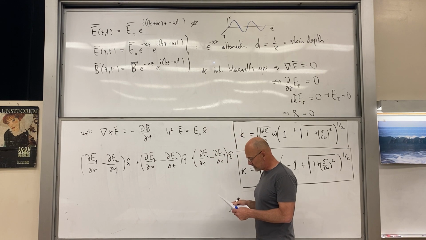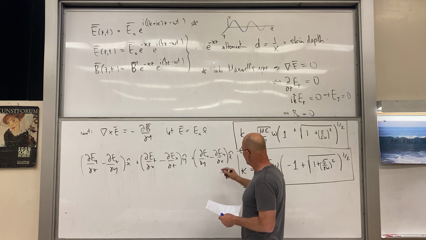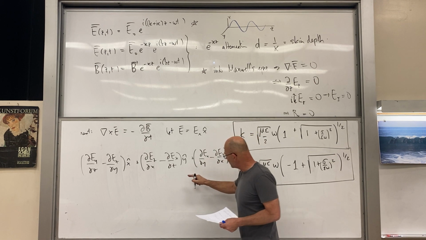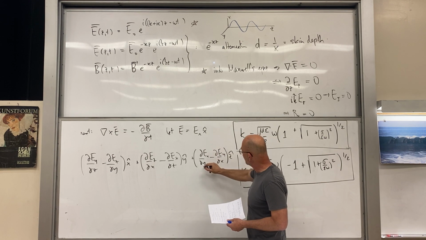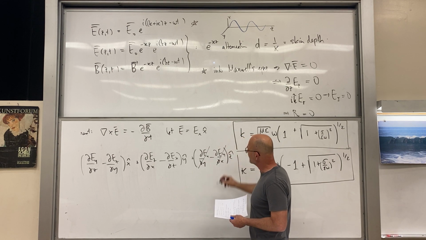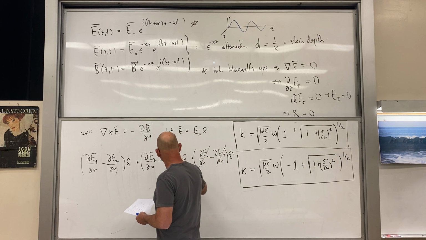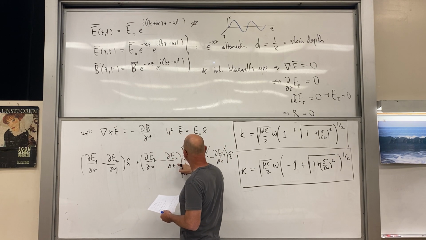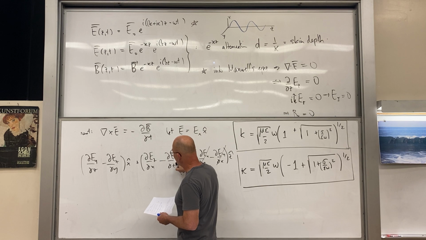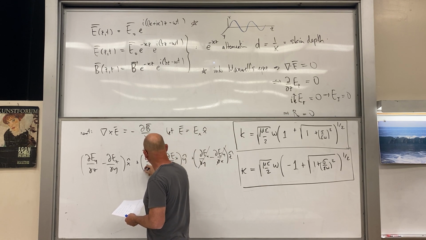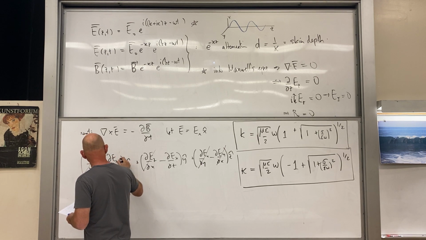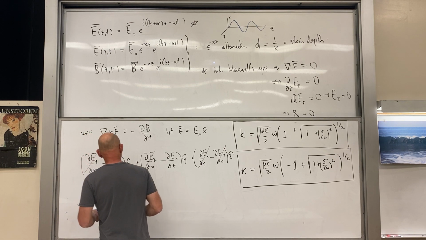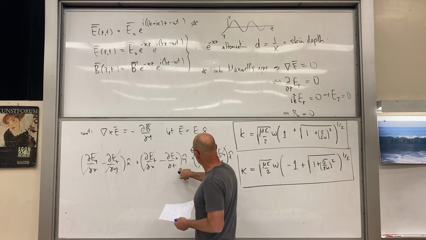So there's the curl, and these all just go away one by one. Okay, we have our E_x, but there's no y dependence. We have no E_y. E_x z dependence is the only one that survives. We have no E_z. E_y with respect to z, none. E_z with respect to y, also none. Okay. So this is the only one that survives.